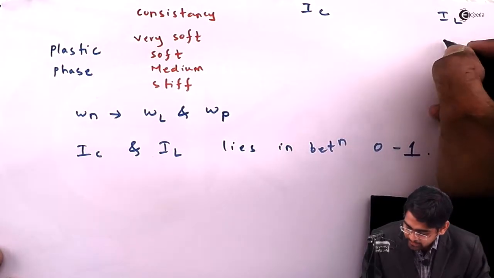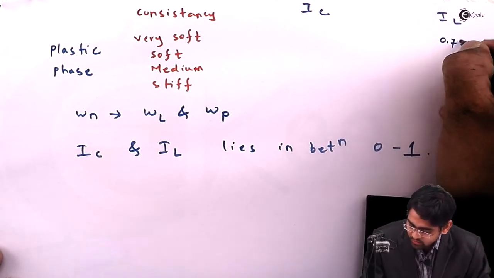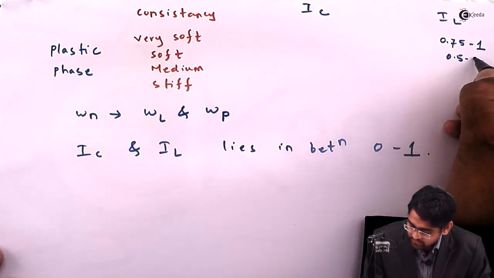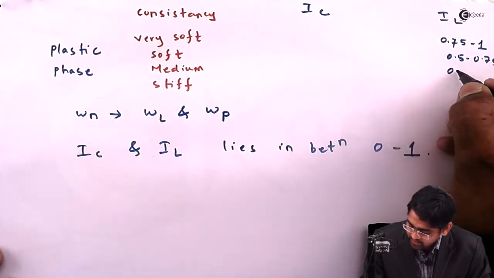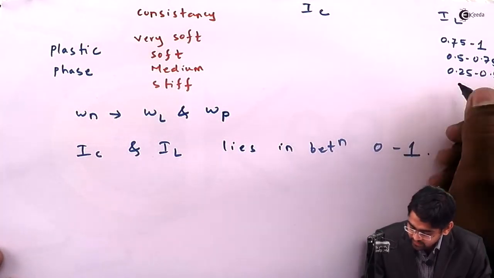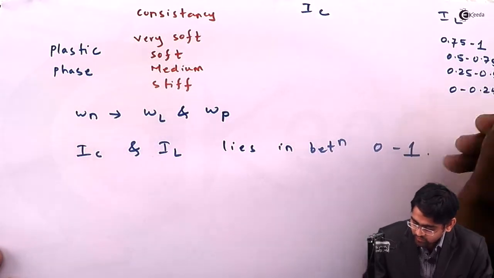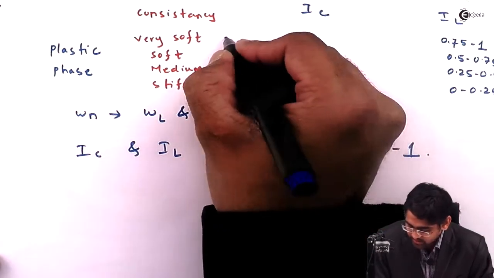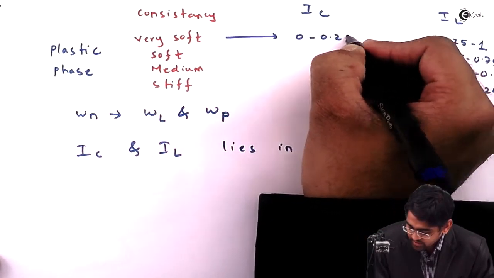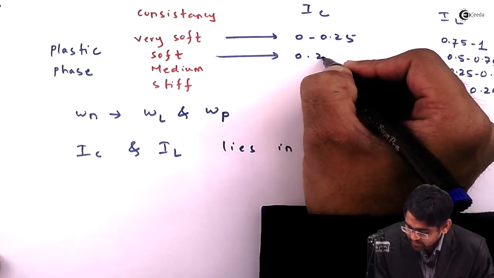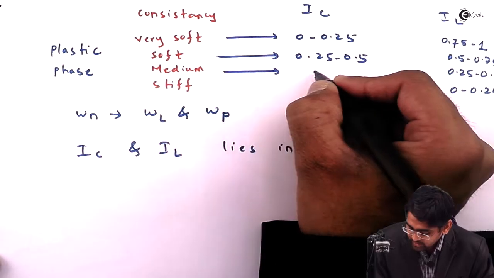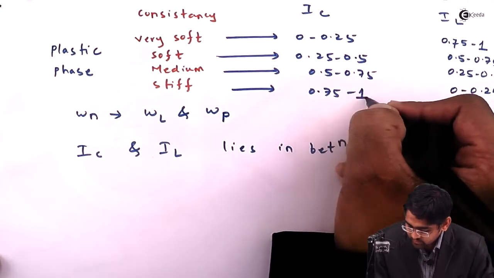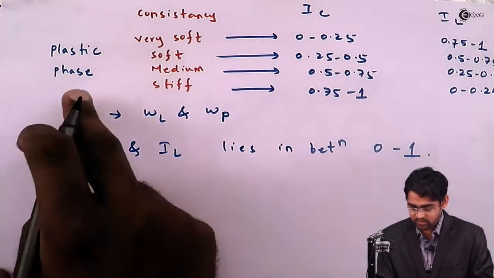Very soft means the liquidity index lies between 0.75 to 1. Soft means 0.5 to 0.75, medium means 0.25 to 0.5, and stiff means 0 to 0.25. And vice versa for the consistency index: 0 to 0.25 for very soft, 0.25 to 0.5 for soft, 0.5 to 0.75 for medium, and 0.75 to 1 for stiff. That's all about the plastic phase.